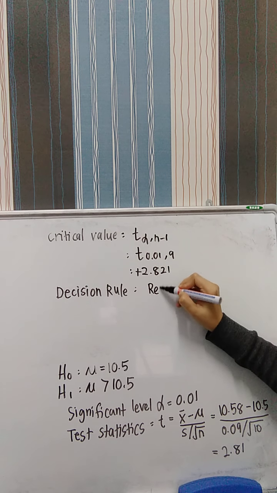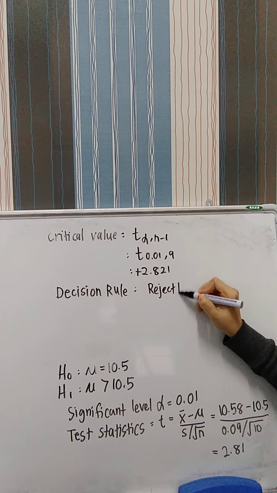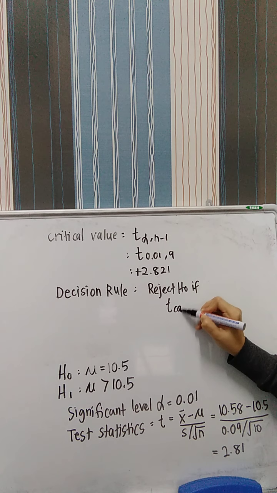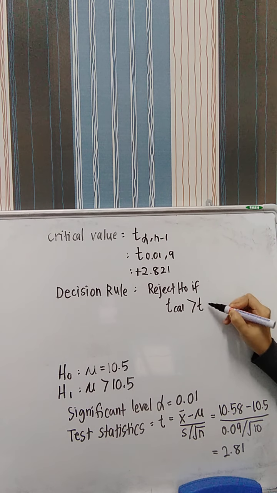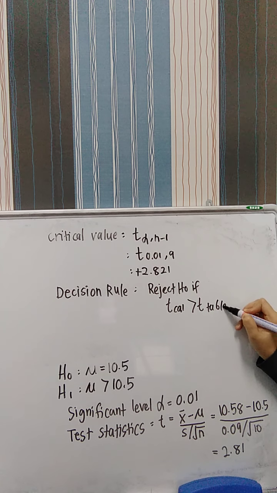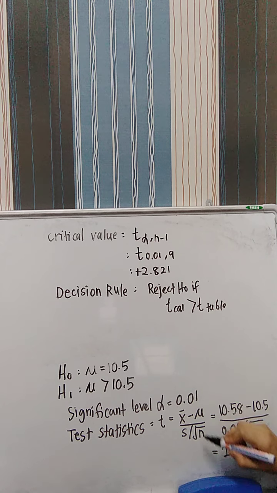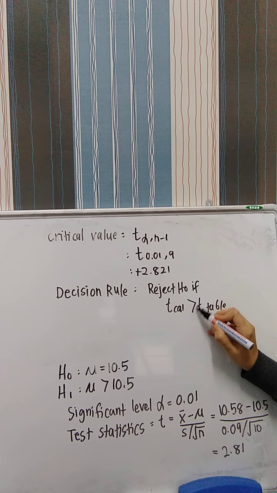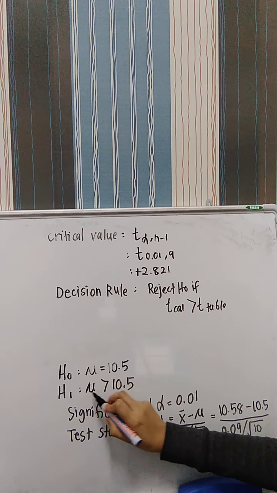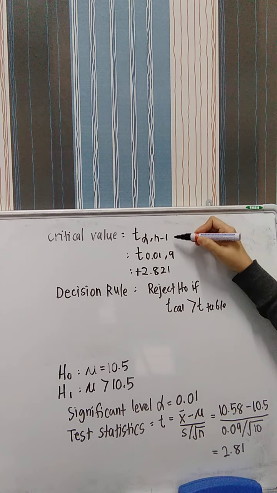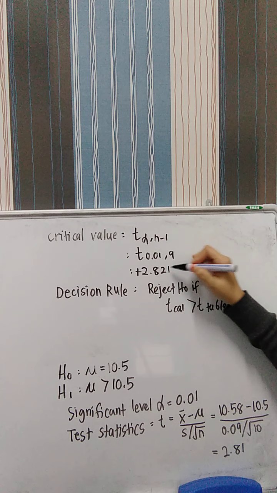Reject H null if T calculated is more than T table. T calculated means the T statistic. Why more than? Because your H1 is more than. And T table is T from the critical value.